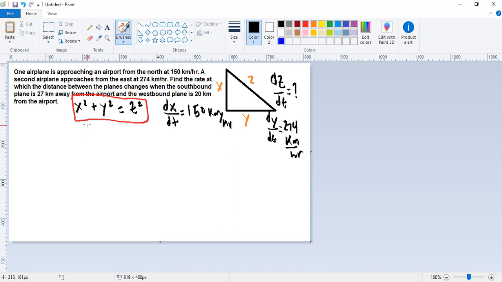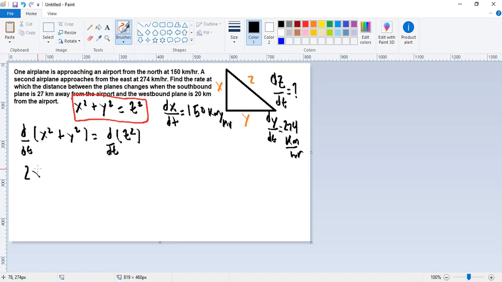So if we take the derivative with respect to time of x squared plus y squared equals z squared, this is going to give you the following.